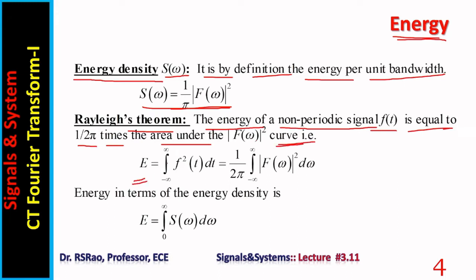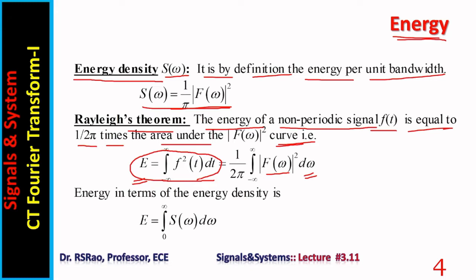Mathematically, E is equal to integral from minus infinity to plus infinity f square of t dt. It is equal to 1 by 2 pi integral from minus infinity to plus infinity |F of omega| squared d omega. This is the basic definition of energy.